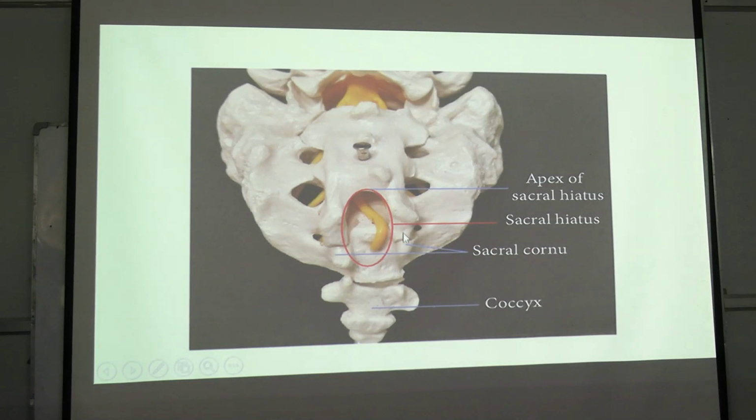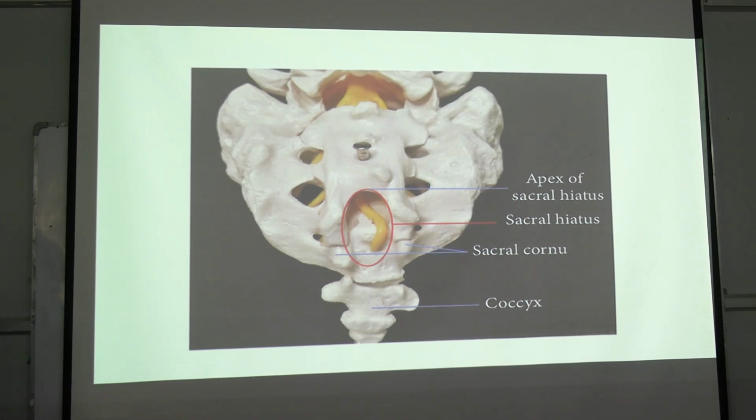Through the sacral hiatus, what comes out is important here. All the sacral nerves exit over here, left with the nerve known as the coccygeal nerve. So this coccygeal nerve and the continuation of the covering of the spinal cord, which we call meninges, exit here. The meninges have three layers: dura mater, arachnoid mater and pia mater.